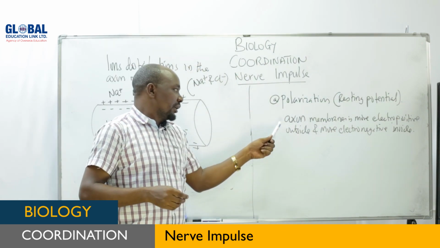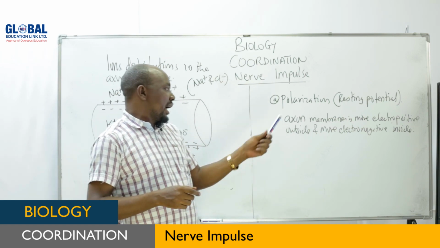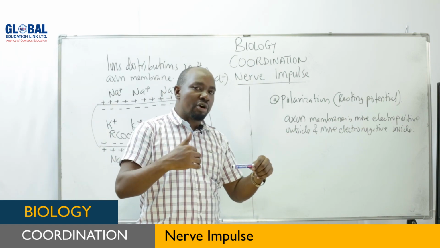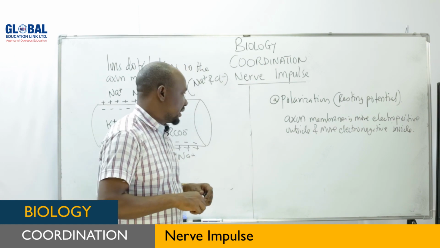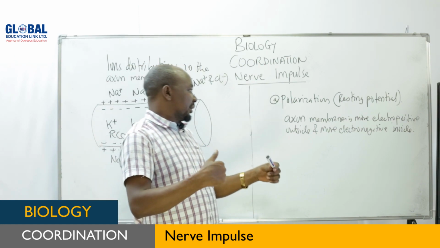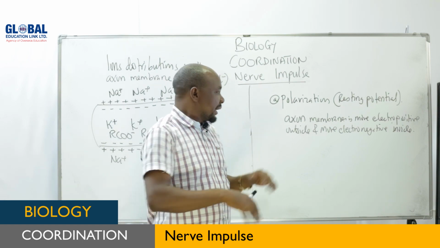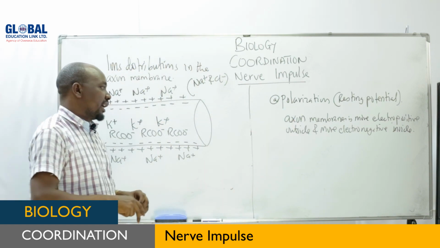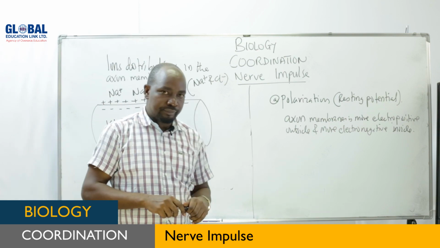That is, when the axon membrane contains more cations outside than inside. That situation is described as polarization.